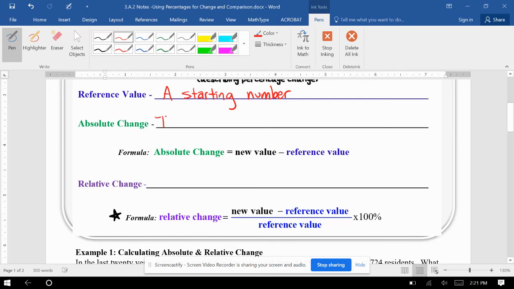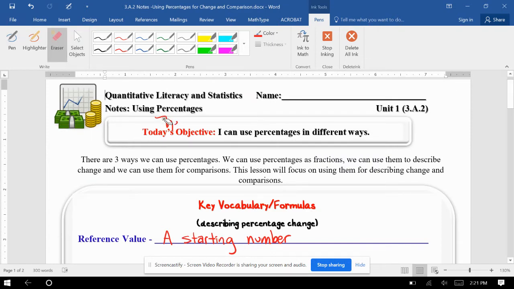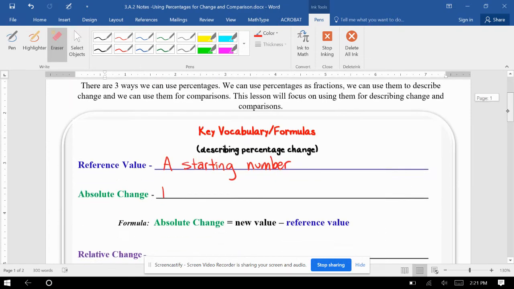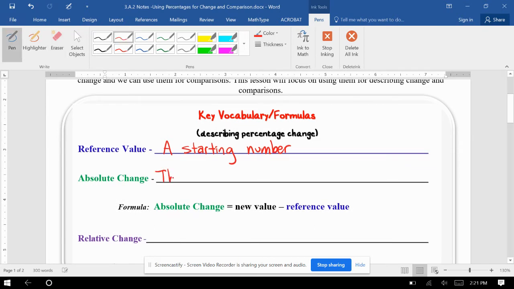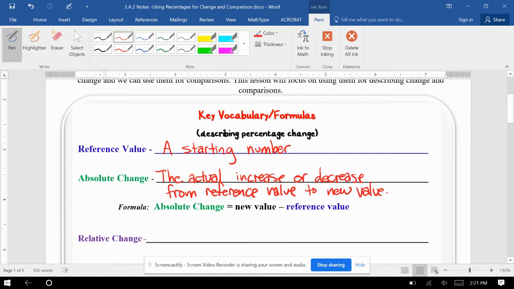This is the actual increase or decrease from the reference value, that's the starting number, to the new value. So what do I have today in terms of money? Or what is the population now versus what it was 10 years ago?